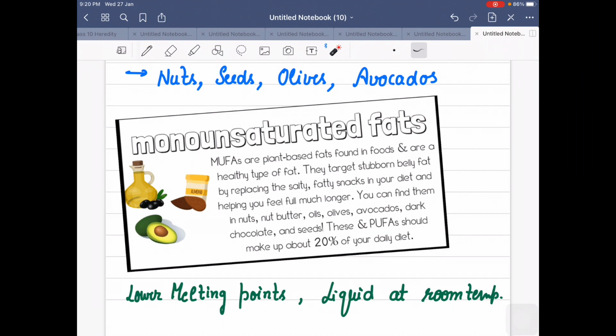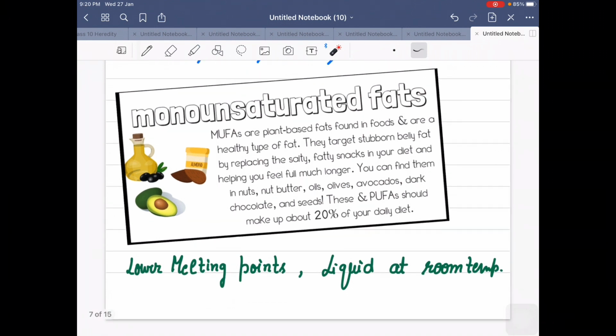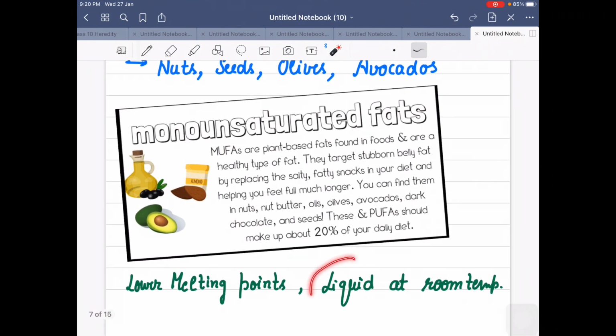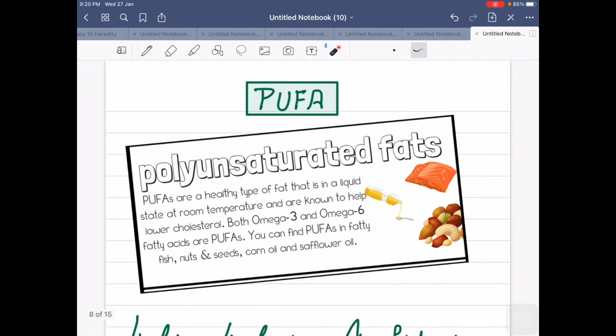Nuts, nut butter, oils, olives, avocados, dark chocolate, we call them good healthy fat molecules. And they are generally liquid at room temperature. It means their melting point is lower. The same is true for PUFA. PUFA is a very healthy type of fat which is liquid at room temperature, and it is very well known to help the cholesterol.